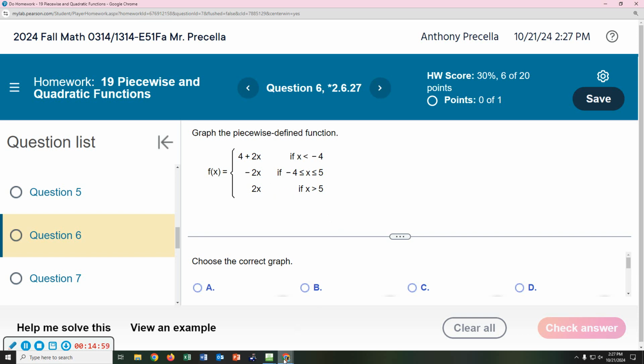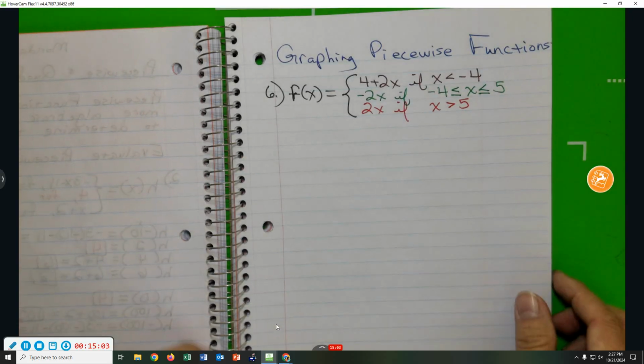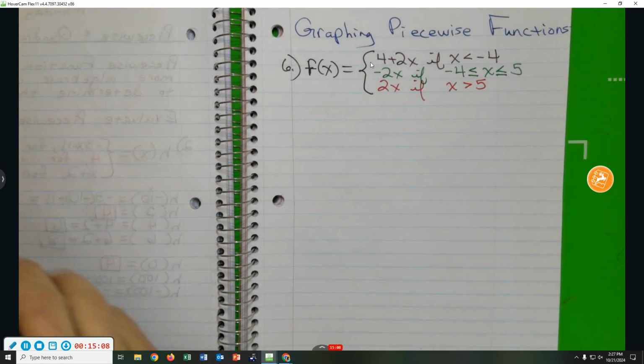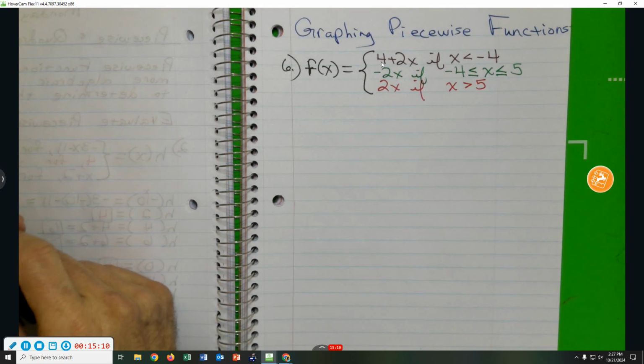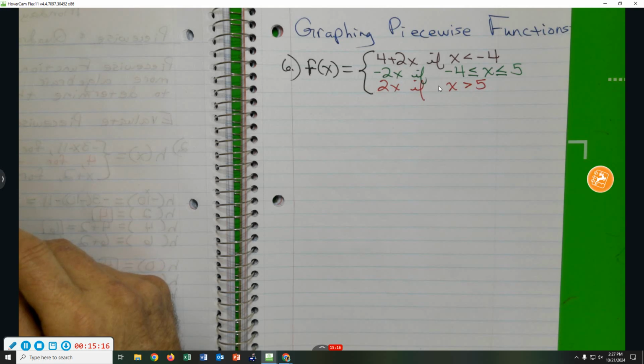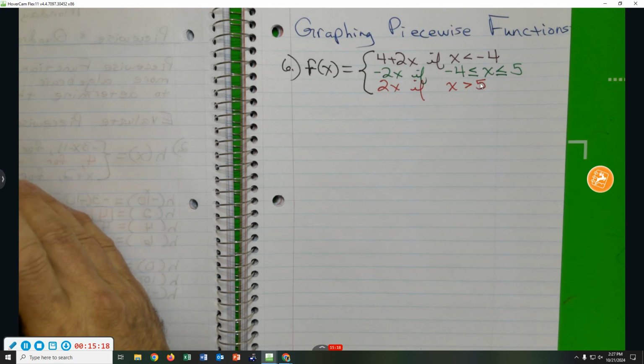Okay. So hopefully you at least in your mind know I'm going to have a graph that has a brown piece, a green piece, and a red piece, and it's going to pass that vertical line test.